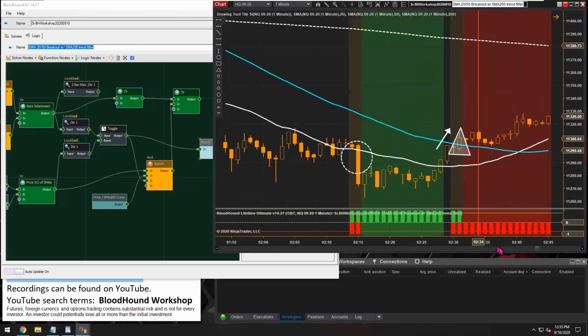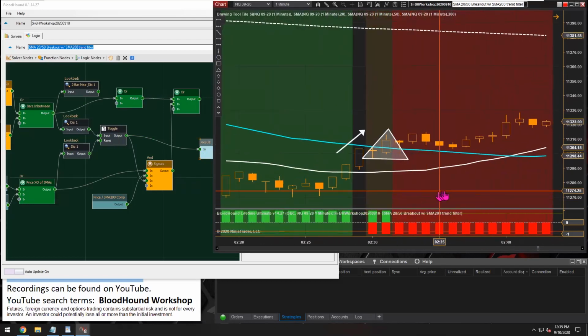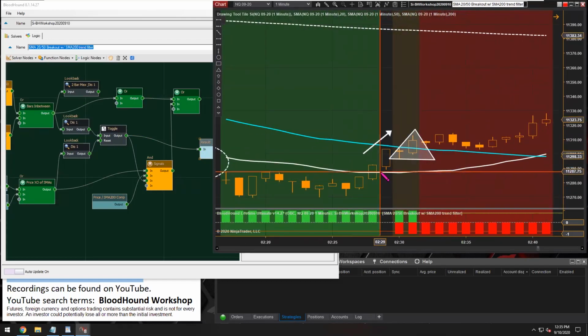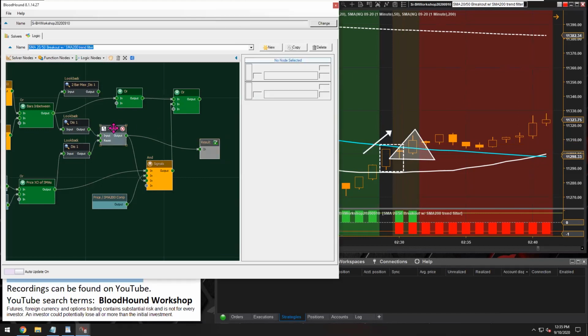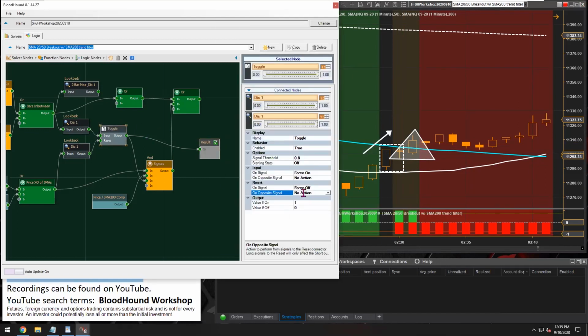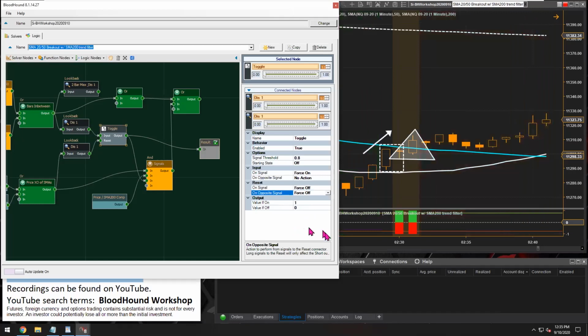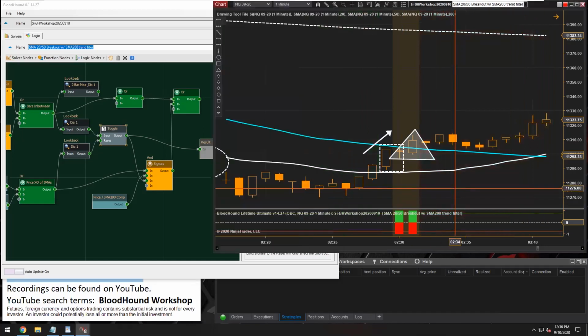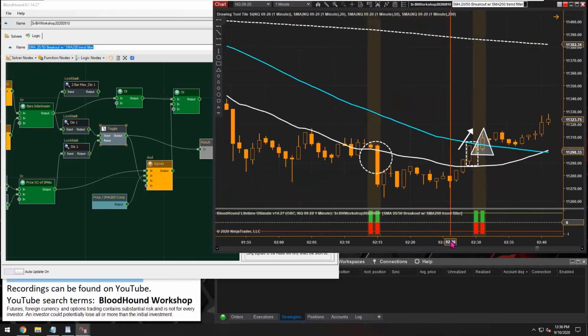So we have some bars in between. Oh, actually, this would be an easy fix. On the toggle node, for the reset, I can use opposite signals to turn the toggle node off. There we go. That was a simple solution.